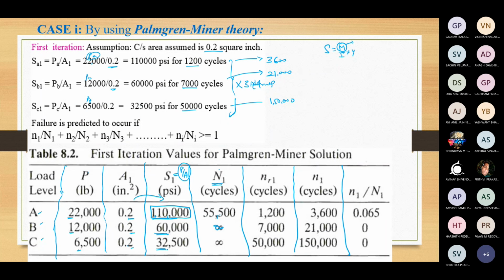Similarly, when you apply 32,500 stress, the total number of cycles to failure is infinite. That means the component is not at all going to fail if you apply a stress value of 60,000 or 32,500. But if you apply a stress value of 1,10,000 psi, the total number of cycles is 55,500. But how much are you applying in reality?